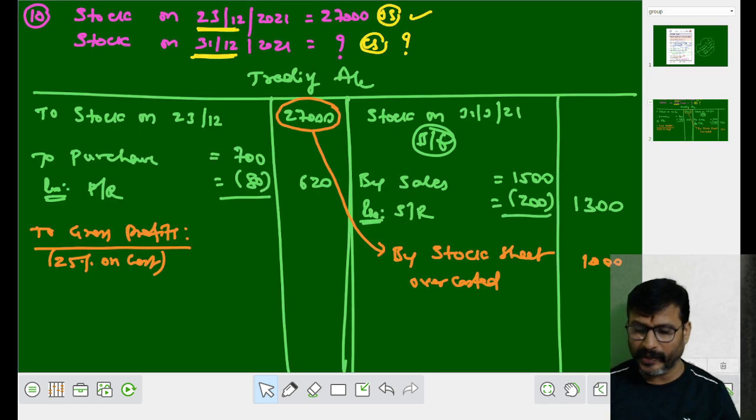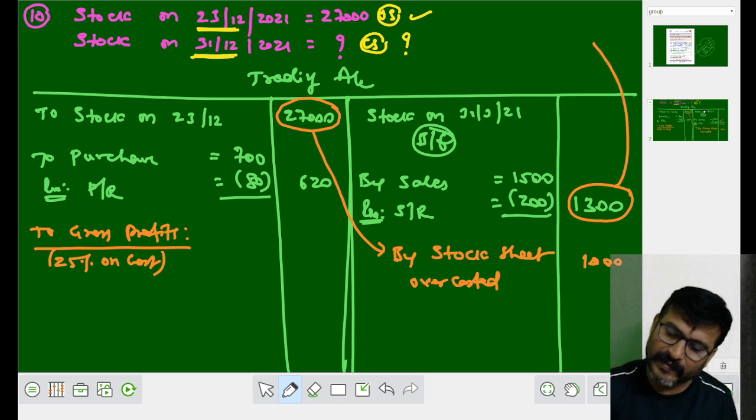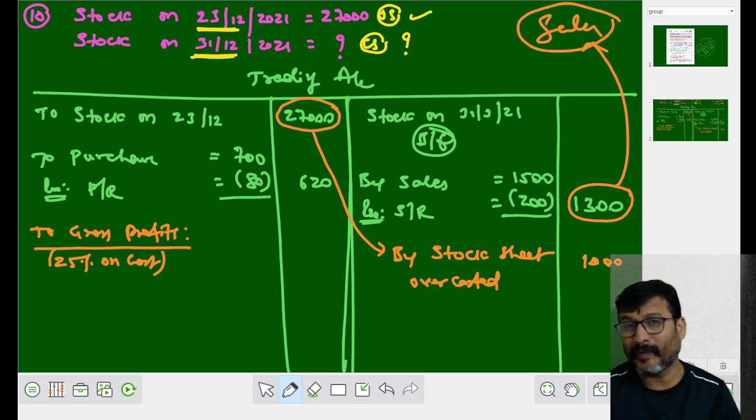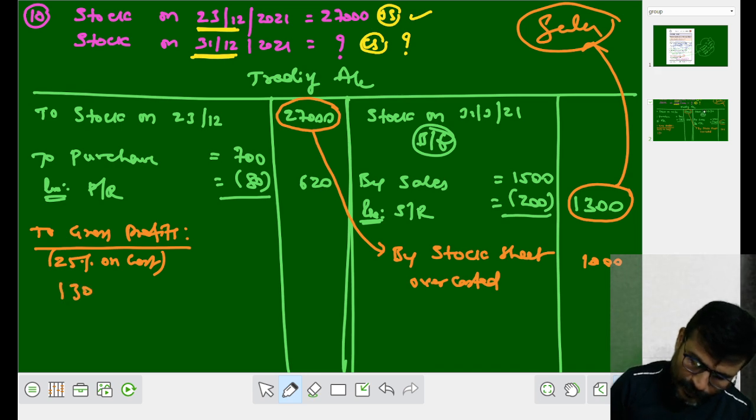Now, my dear student, we are not having a cost, we are having a sales. That we have learnt in the class 1, class 2, class 3, class 4, class 5, wherein profit is given on cost, but we have an amount of sales. Then what to do? Take 1300 into 25 by not 100, it is 125.